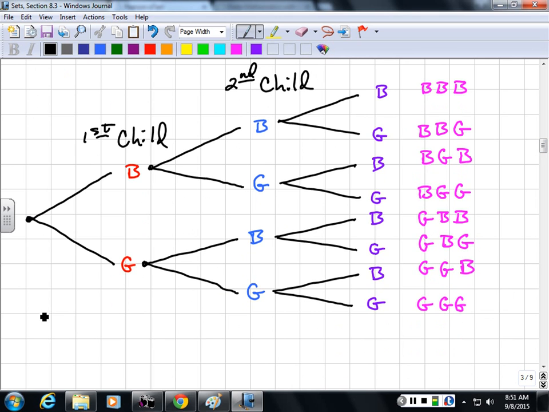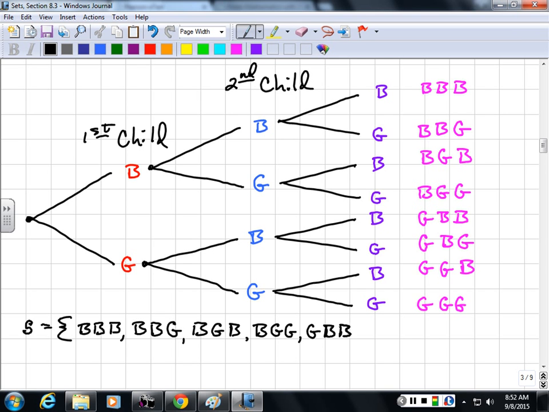So let's list the sample space. And you don't have to try to list the sample space in alphabetical order or anything like that. You're just going to list the space so that you have all possibilities. And it is a set, and you need to go ahead and make sure that you write it in set notation.